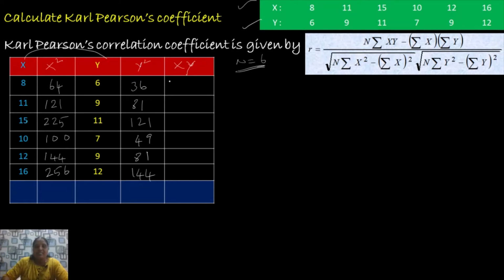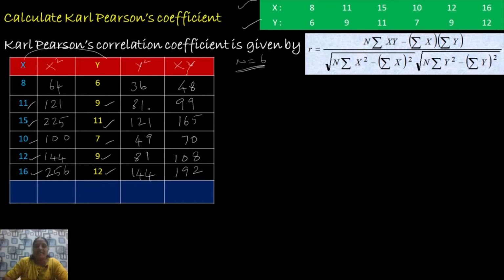That is 6 8s are 48. 11 9s are 99, 15 11s are 165, 10 7s are 70, 12 9s are 108 and 16 12s are 192.